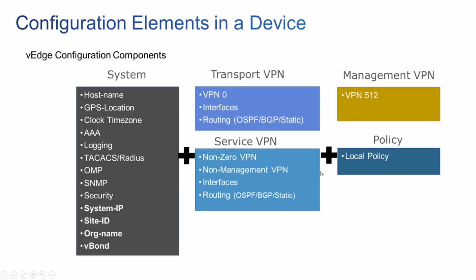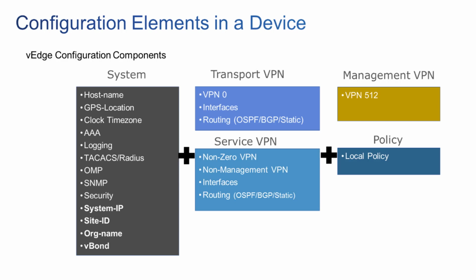Now, as we mentioned before, device templates are basically those specific to WEdge devices, WEdge models, right? But it can also be possible to create multiple device templates for the same model of device. It just depends on the location of the function within the network. Each device template can contain multiple feature templates, like we said.